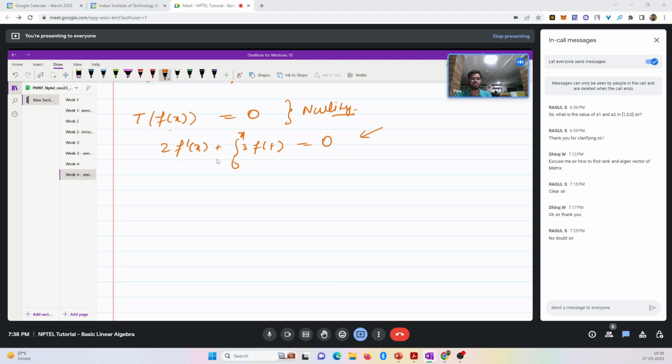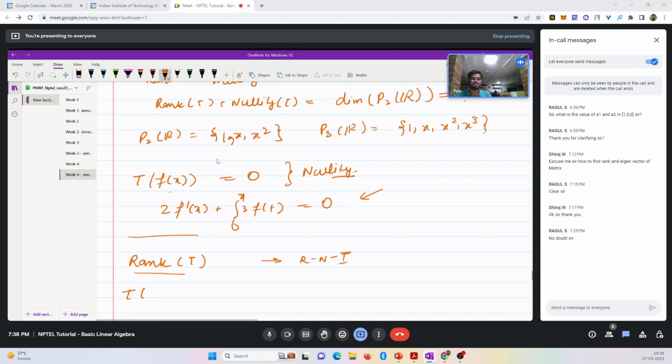So what we can try to do is first find the rank of T, and then using the rank-nullity theorem, we can find the nullity out of it. In order to find the rank, let's evaluate T of every element of the basis.